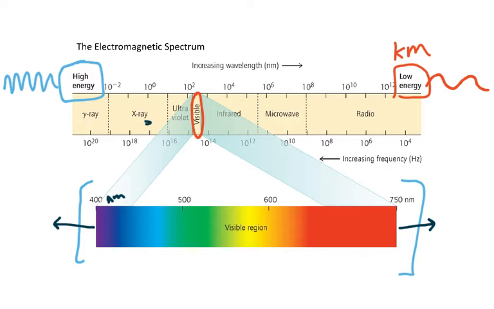Higher yet is X-rays, and higher yet in energy is gamma rays. But fundamentally, X-rays are no different than the visible light that we see. The only difference is the wavelength, and that our eyes are not sensitive to that wavelength of light.